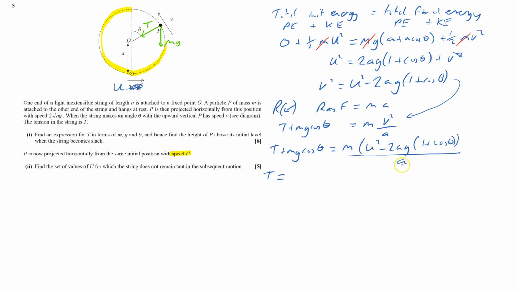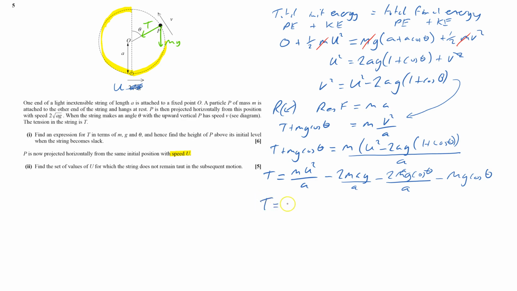And I'm going to multiply this bit out, so I get T equals, because that's what I need, mu squared over a. That's the first bit. And then minus 2mag over a, and then minus 2mag cos theta over a. And then I've got to take away mg cos theta from both sides.